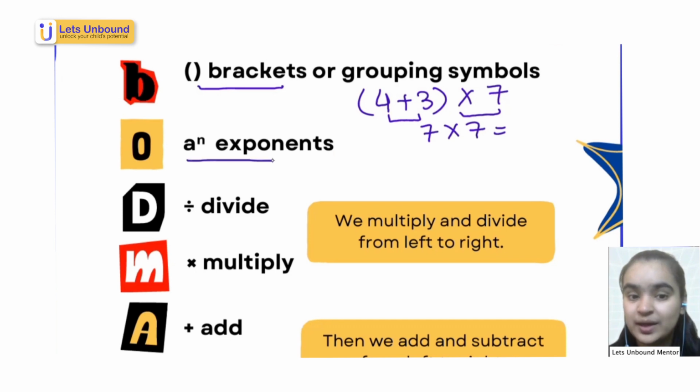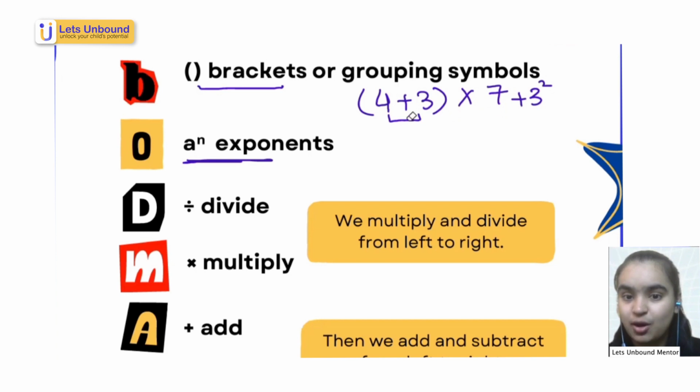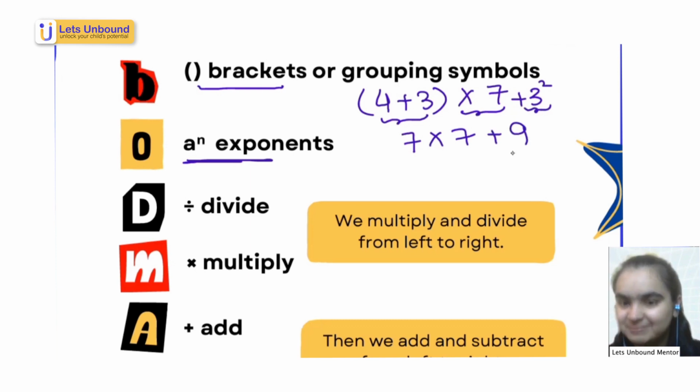Step number 2 is to solve exponents or order in the given question. So other than that, if we are having, let's say, 3 to the power of 2 after brackets, we will solve the order first before moving to the multiplication part. So step number 1, to open up the brackets. Step number 2 is to solve the order.